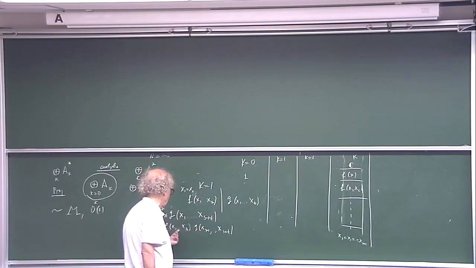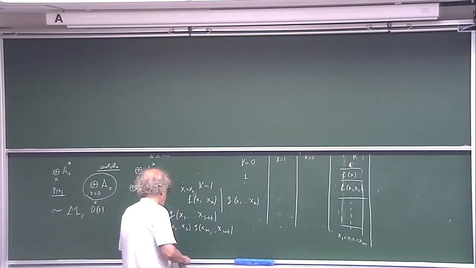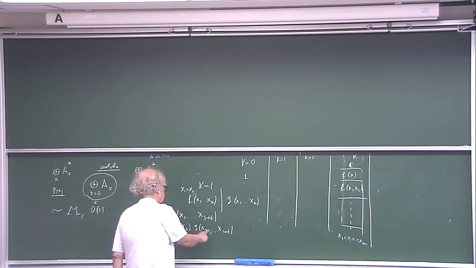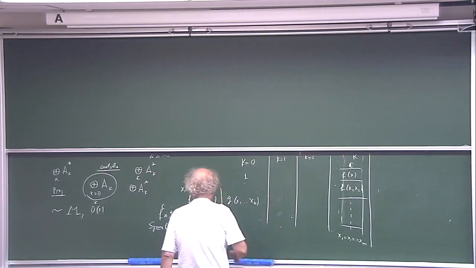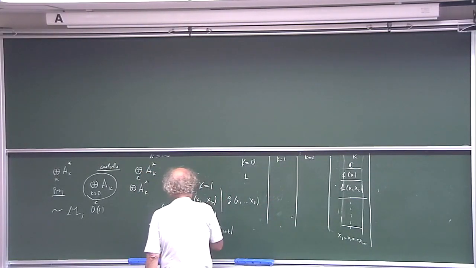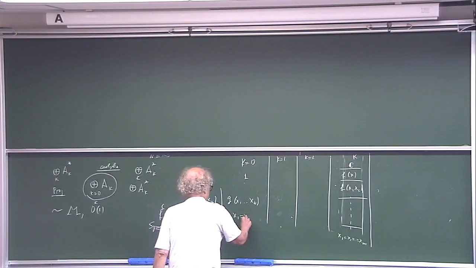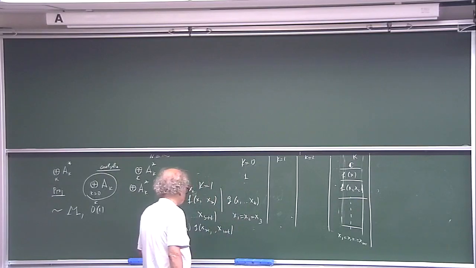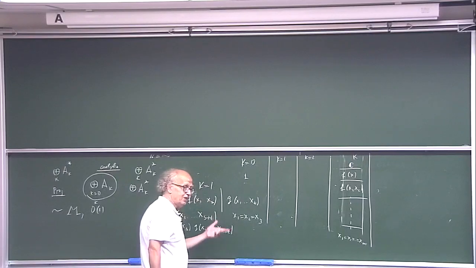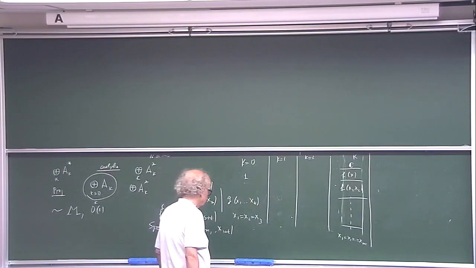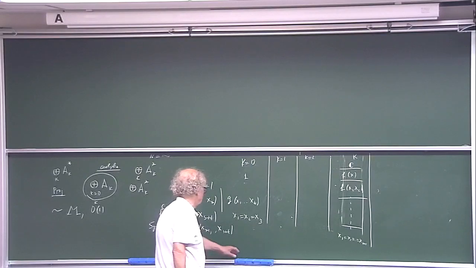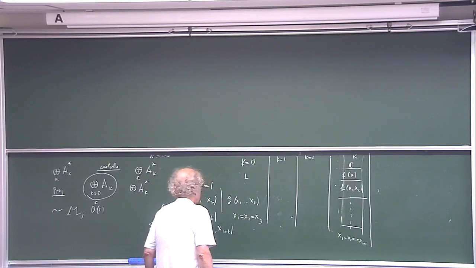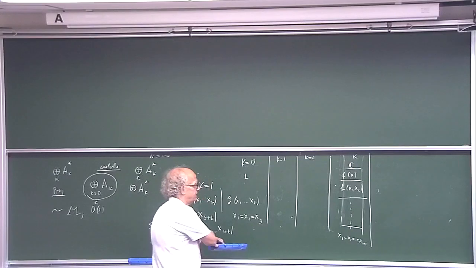Right now we get some symmetric polynomial in all x's, and surely this lives in this column, because if here you take x1 equal x2 equal x3, then at least one pair of these will be in f or in g. Then this condition holds, and as a result we get some algebra.